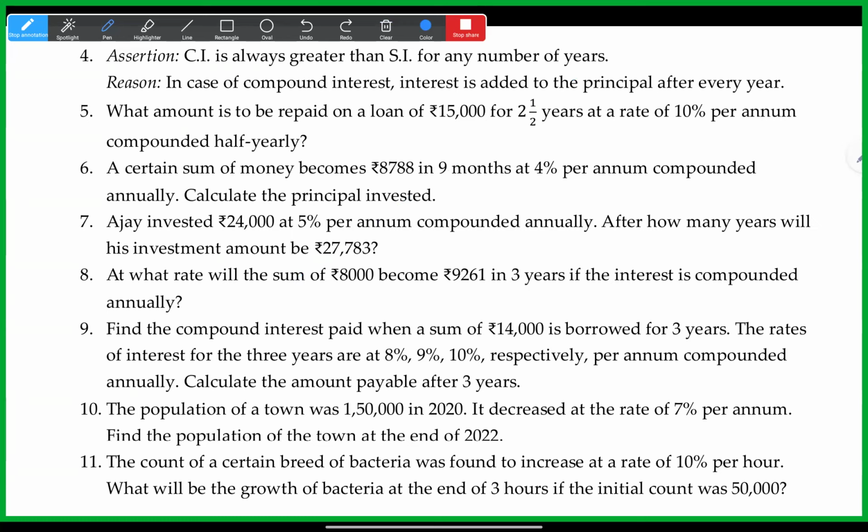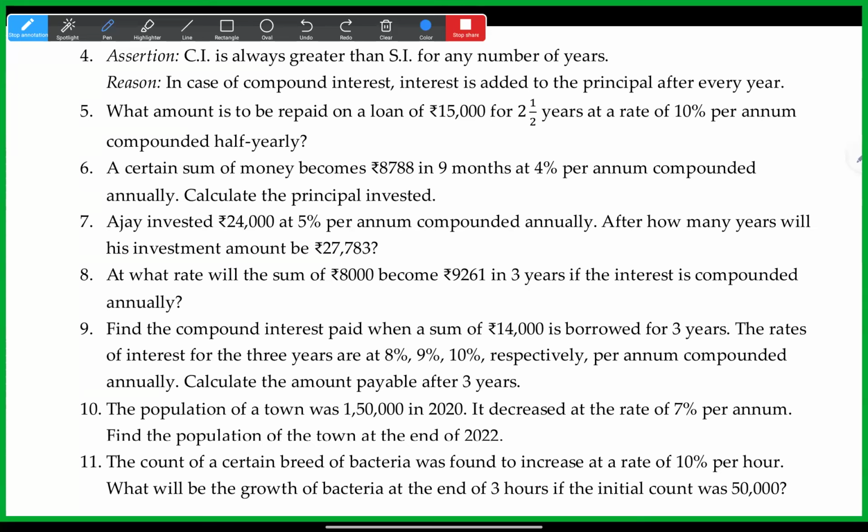Actually, they should maintain a little clarity in the statement, Ashwar. They are just framing for namesake because in every chapter they have to frame some assertion-reasoning questions in the sheet. But actually here, compound interest will be equal to simple interest for the first year. That should be maintained, that clarity should be given there.